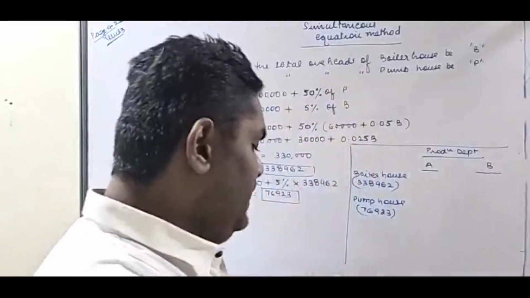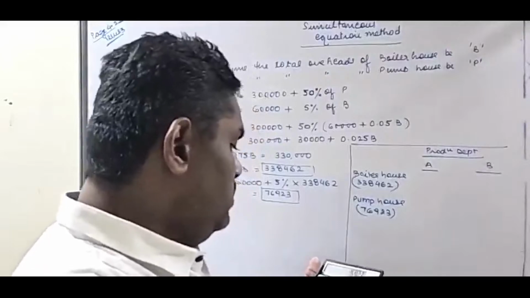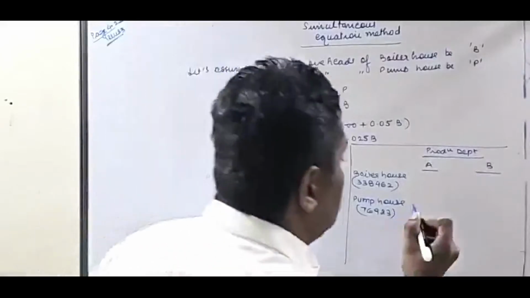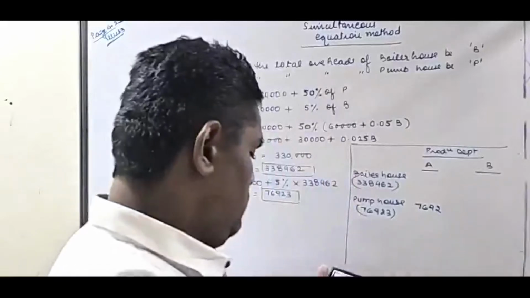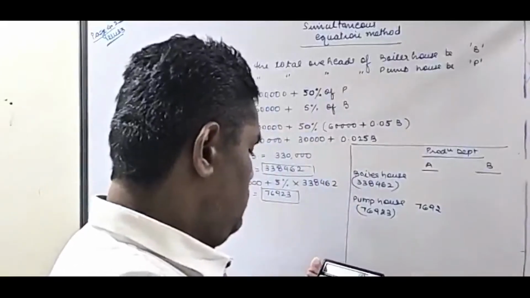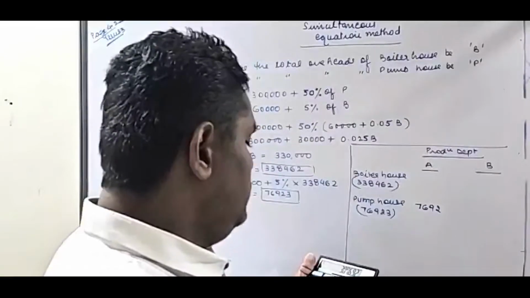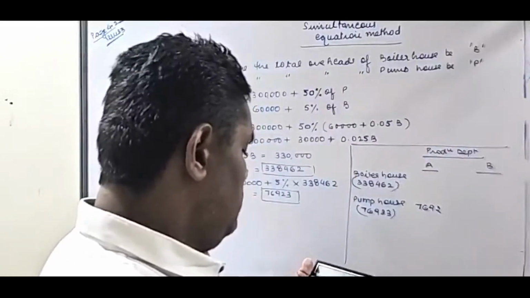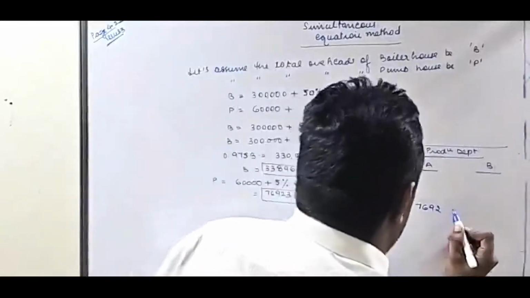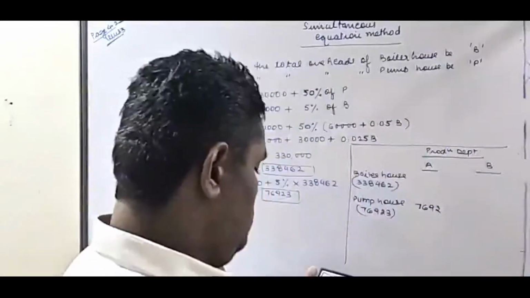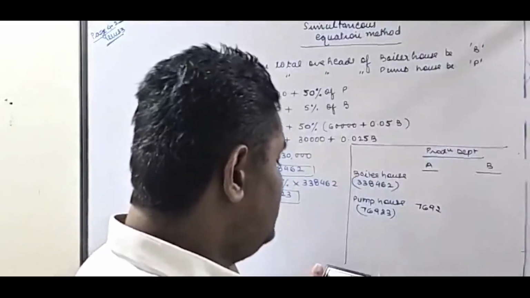So 76,923 into 10%, this will be 7692. And this will be 30,769.